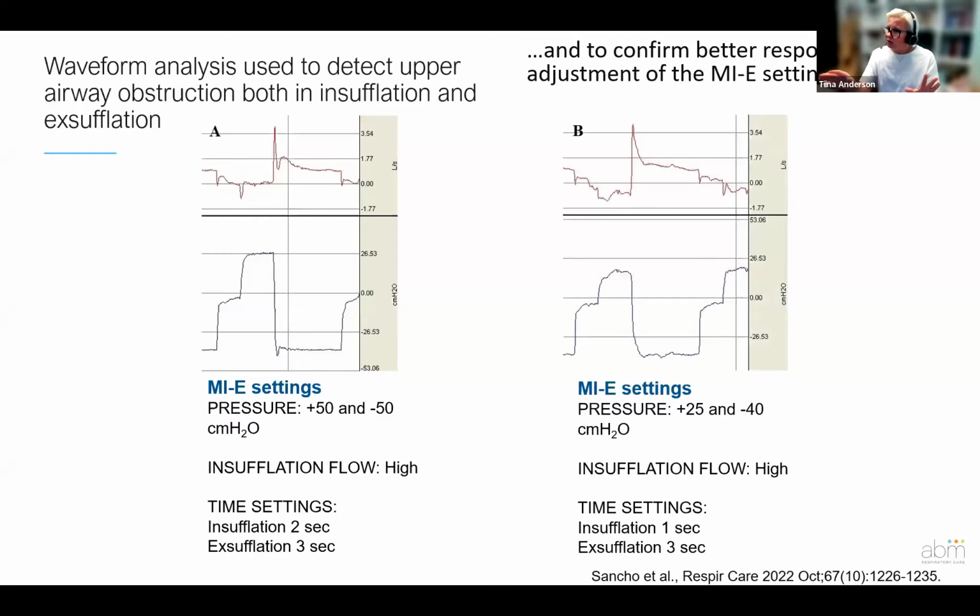Okay, they were not happy with the flow curve, so they changed the settings and decreased the positive pressure to plus 25 and kept more negative pressure, but not that high. It was initially minus 40. They kept the insufflation flow still high, and the time settings were a short insufflation combined with a longer exsufflation. And with that, they were more happy with the flow curve.